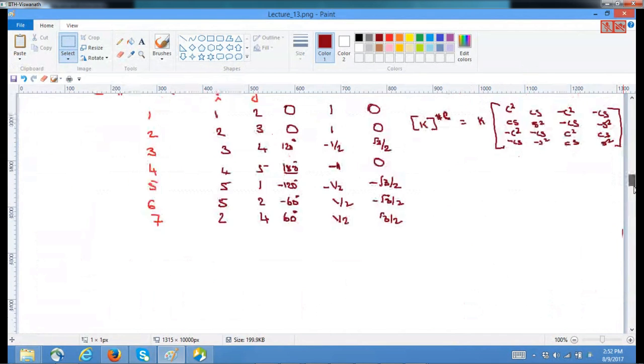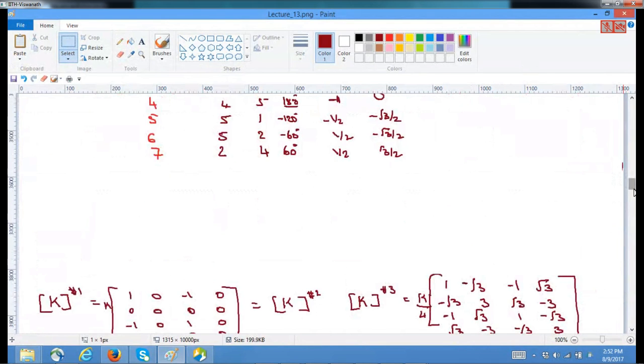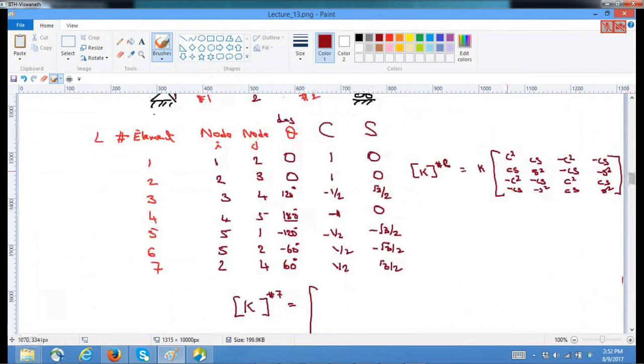Let me just derive my k7. So my k for the element 7 is given by looking at this one. C is 1 by 2 and S is root 3 by 2.